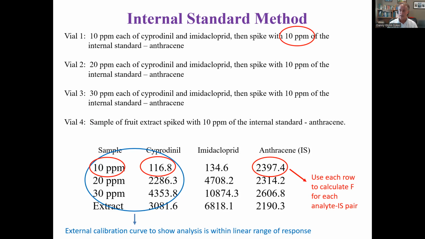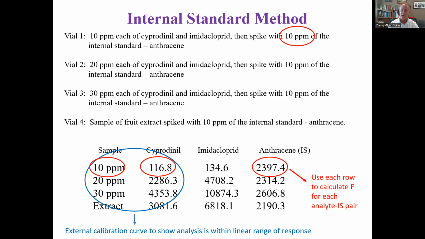Okay, so there are two purposes for these. One, if you look down below at the table, that blue circle highlights that it's just external calibration curve data. So I have 3 vials, 10, 20, and 30 ppm of cyprodinil, and I have the signal associated with cyprodinil.